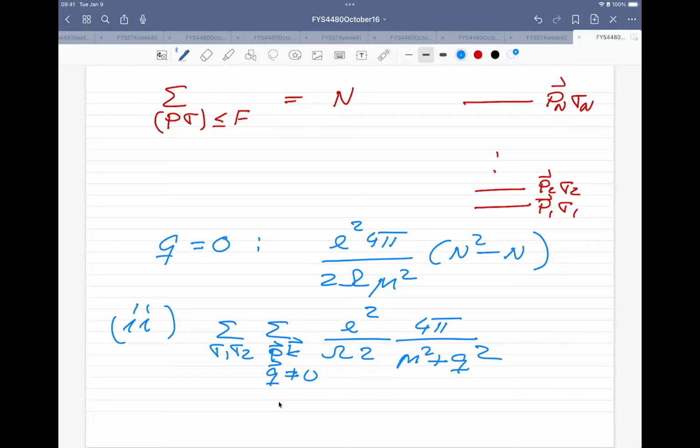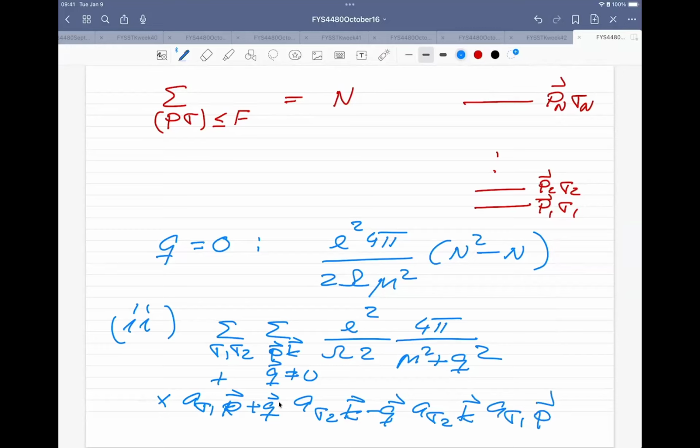So this is a typical calculation trick where you put in a convergence factor, and then you do the calculations, and then you hope that this gives you something which is finite when the term goes to 0. But then what we are going to have now is an a sigma 1 of p plus q dagger, and then an a sigma 2 of k minus q dagger, and then an a sigma 2 of k, and an a sigma 1 of p.